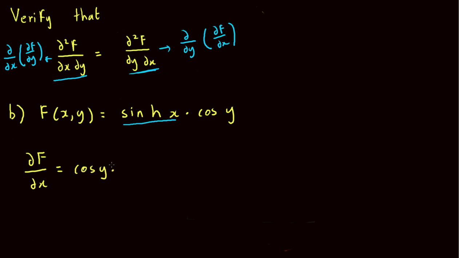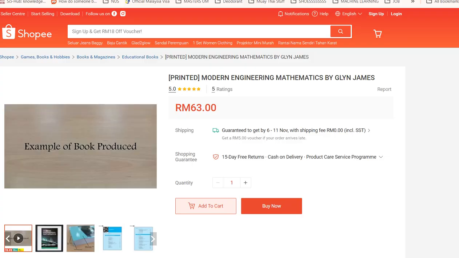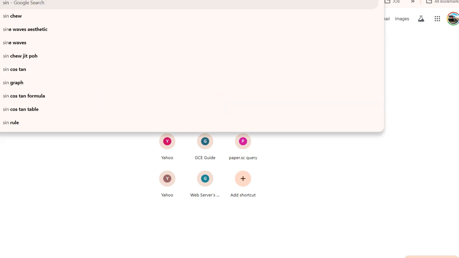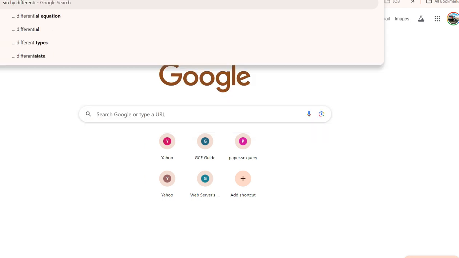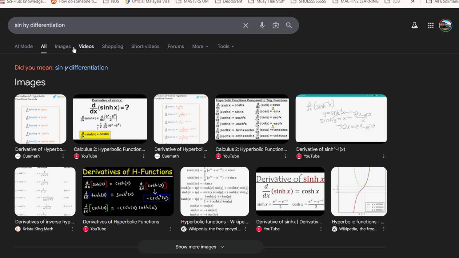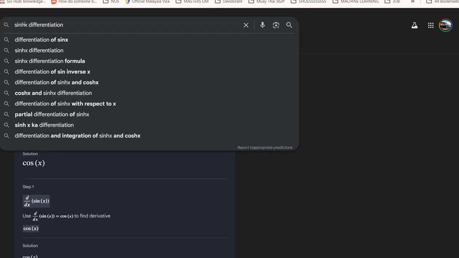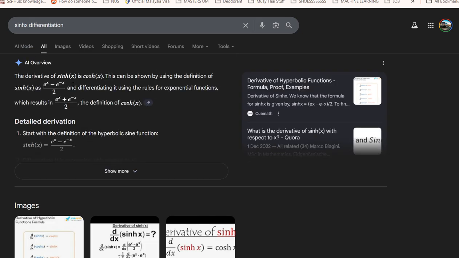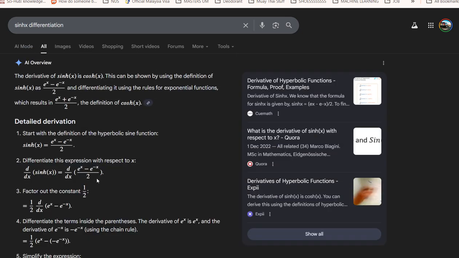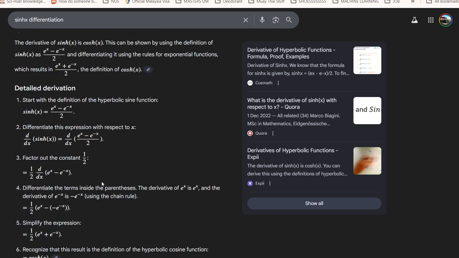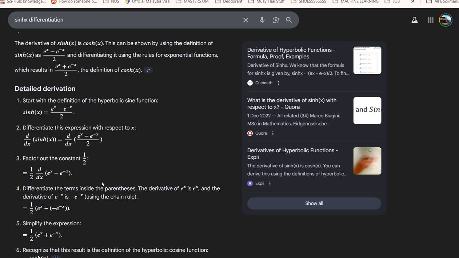And for the hyperbolic sine, I need to refer back because I don't really recall the derivative, but I can check. Sorry, it's sine hx to be honest. The derivative of sine hx is simply cosine hx.